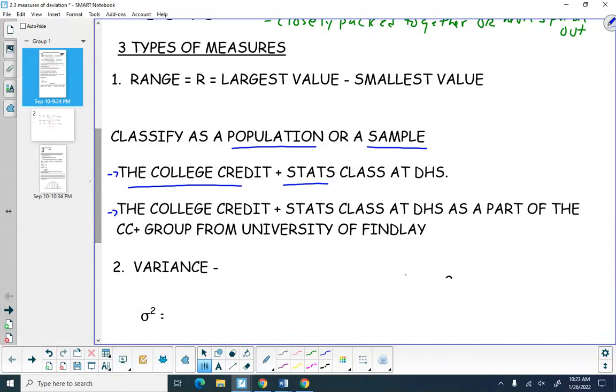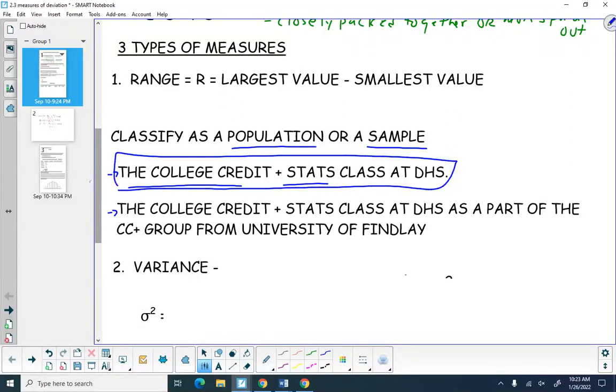If we just took a look at you and said, this is the group of people we want to study, the College Credit Plus class students at Down High School, and just stop right there, we can study them. We have 25, 30 College Credit Plus students at Down High School that took stats between the first and second semester.